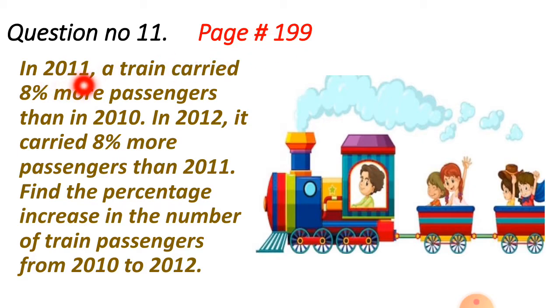In 2011, a train carried 8% more passengers than in 2010. What is the meaning of this more? It means increased by 8%. So 100 plus 8 will become 108. In 2012, it carried 8% more than in 2011. So now it has been increased by 8% more in the next year, that is 2012.